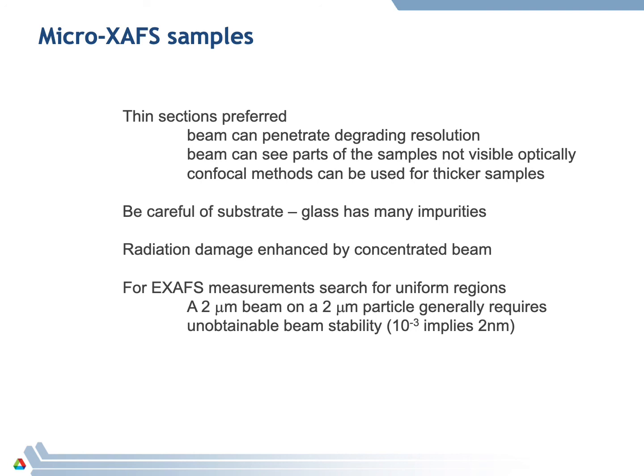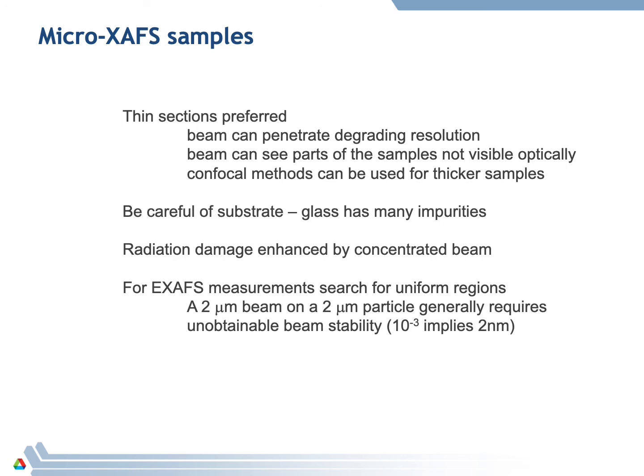Another issue with micro XAFS is that the radiation damage can be much enhanced by the concentrated beam. I'll show an example in a minute. XAFS measurements can be really difficult in a micro beam situation.